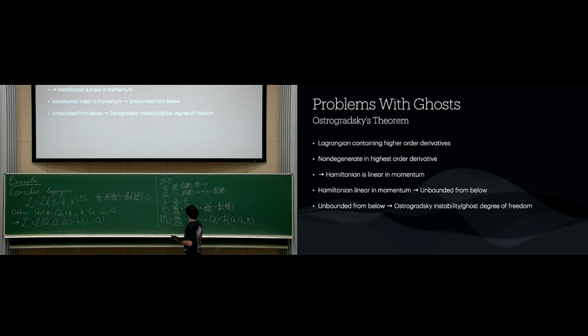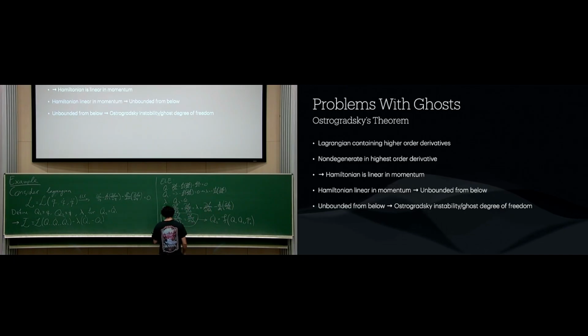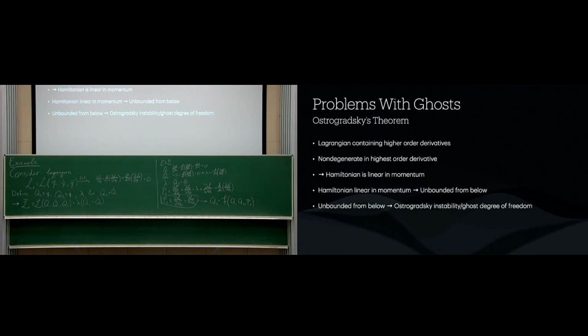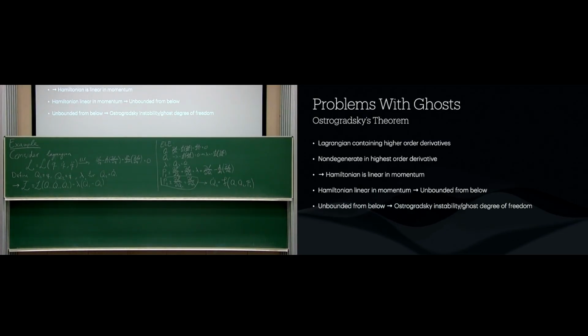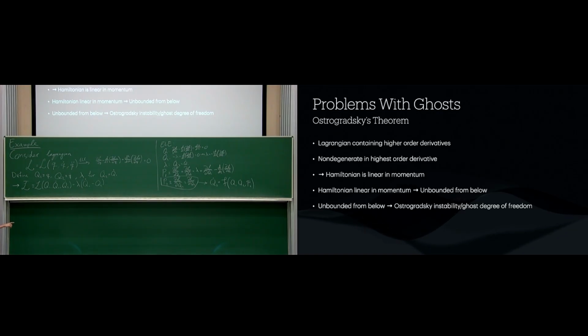P1 doesn't enter here because essentially we've imposed our constraint. We're working on shell. Now maybe I can just move this up for a second. Can you see? Okay, very good.